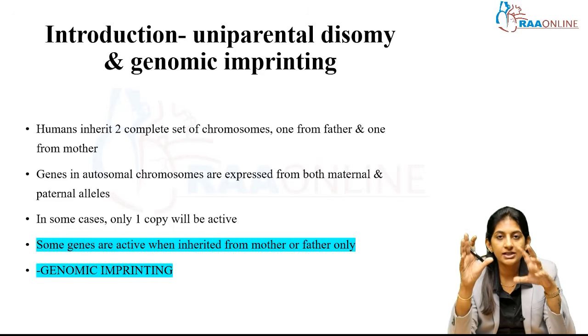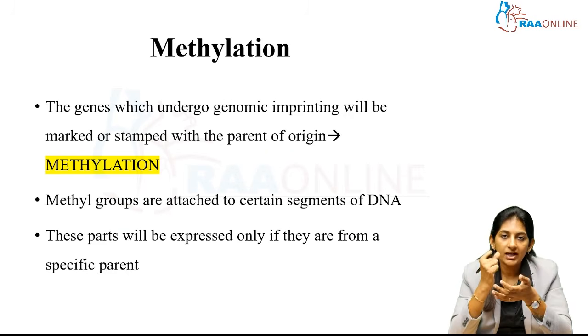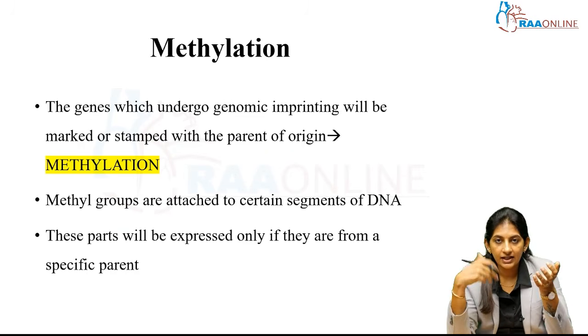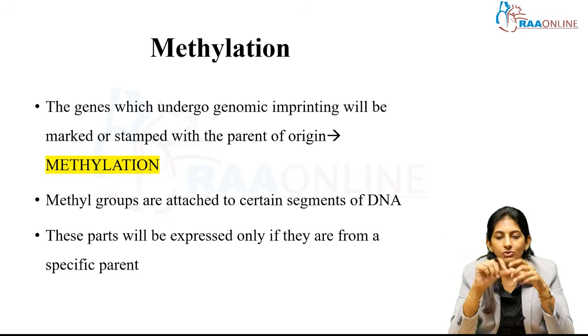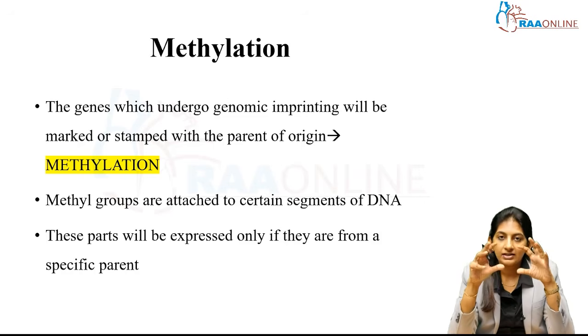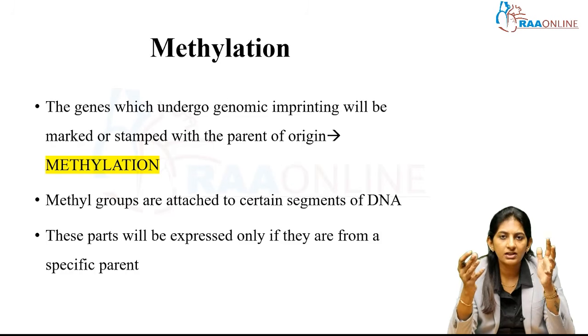This is called genomic imprinting. Even when genes are inherited, they are given a stamp by adding a methyl group to the particular gene. That is called methylation, and it is the basis of methylation FISH or methylation CGH, where we are able to identify this genomic imprinting.